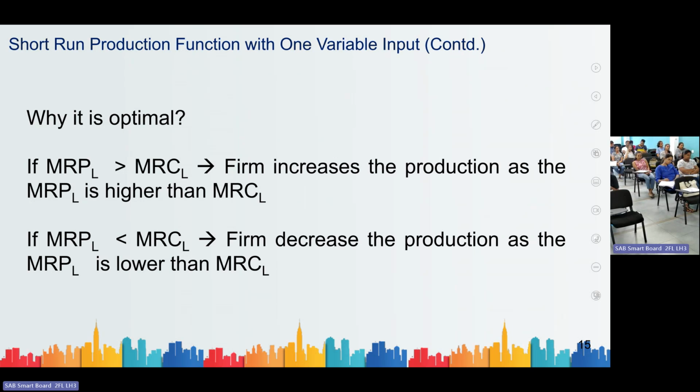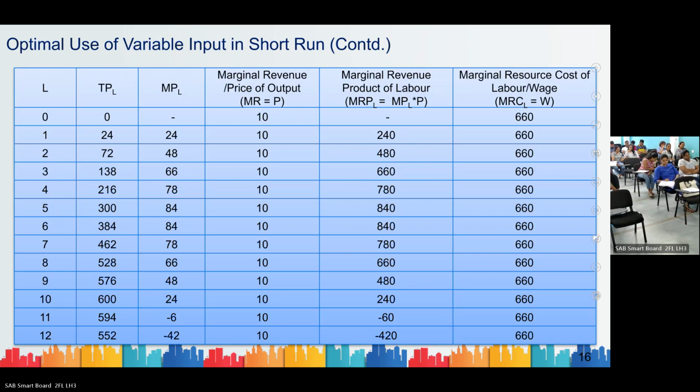So that idea is explained in this slide, the same idea. When MRPL is greater than MRCL, the firm increases production as the MRPL is higher than MRCL. The opposite happens when MRPL is less than MRCL. So let's calculate the optimum use of labor input with a numerical example.